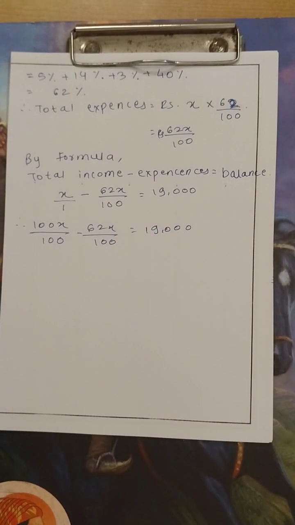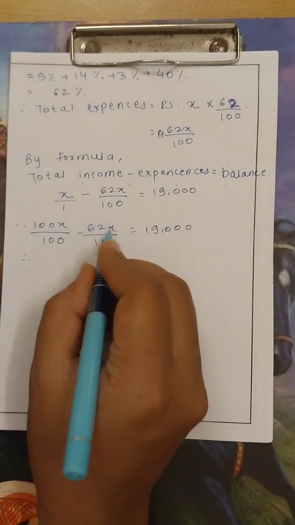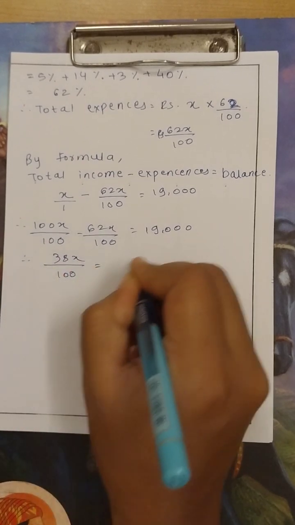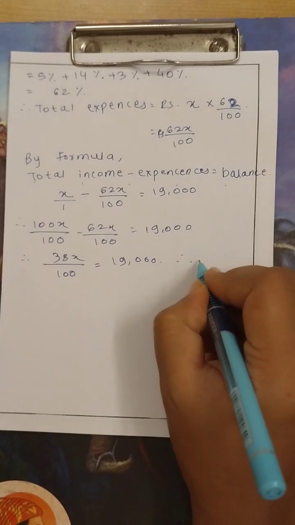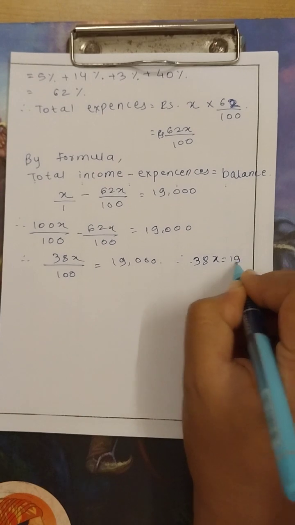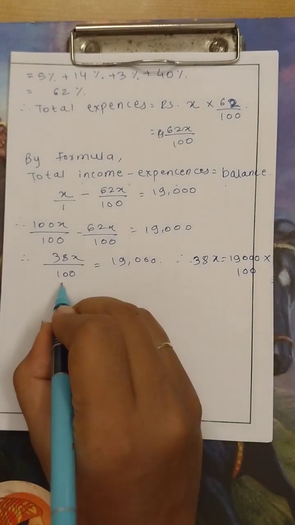Therefore 100x minus 62x is 38x upon 100 is equal to 19,000. Therefore 38x is equal to 19,000 into 100 divided by 100.